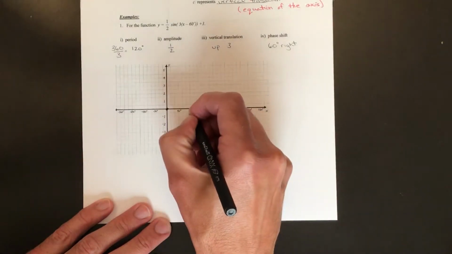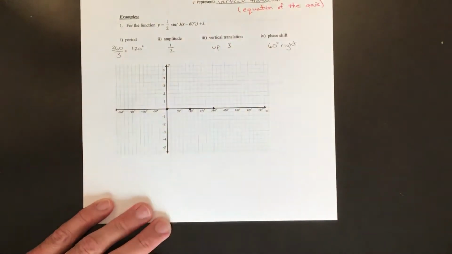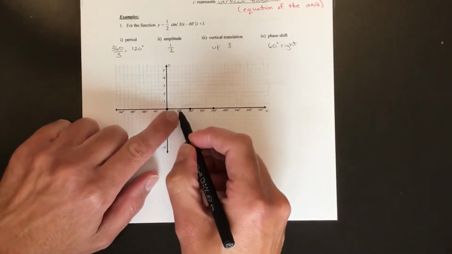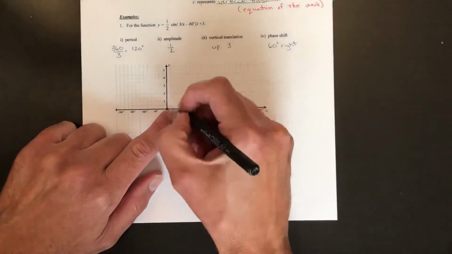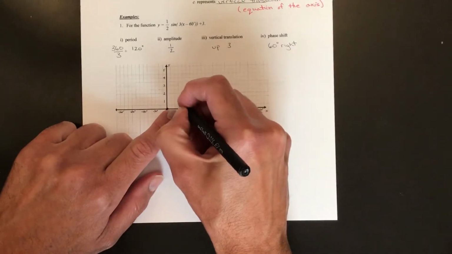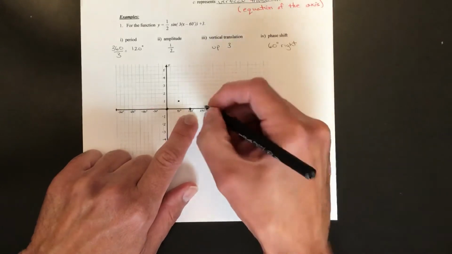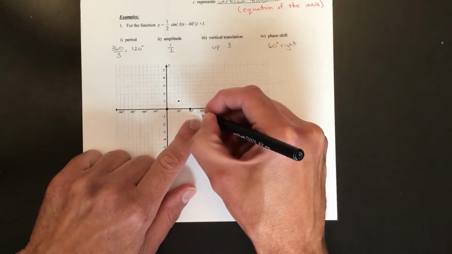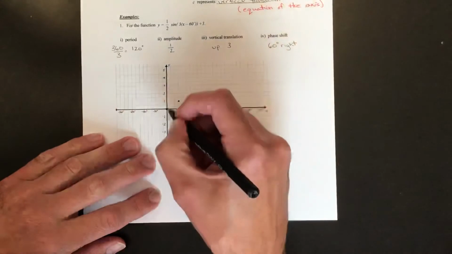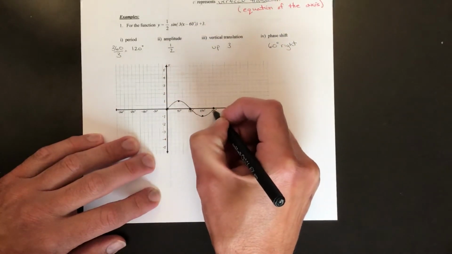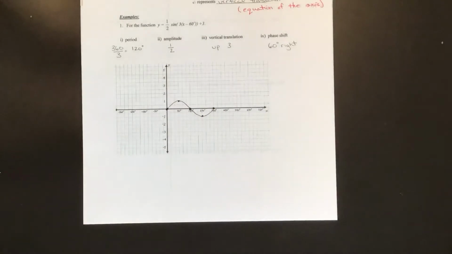I find the middle, which is at 180. Then between 0 and 180, you find the middle at 90, and we go up to 1. And then between 180 and 360, you find the middle at 270, and you go down to -1. And that gives us our 5 points required for our sine curve.